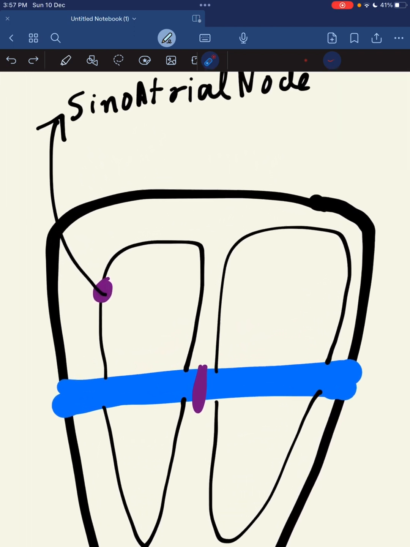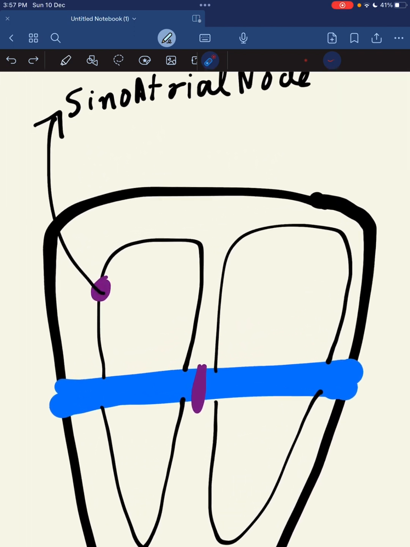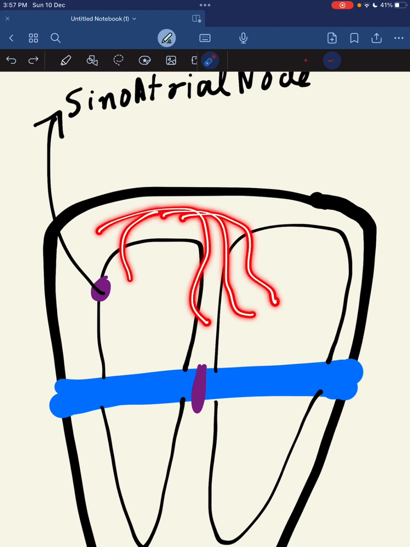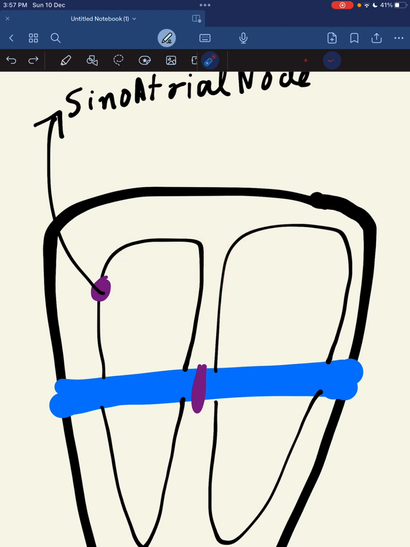The muscle associated with the SA node sends a wave of positive charge through the atrial muscle, so it spreads that positive charge throughout, moving its way through the atrial myocardium.